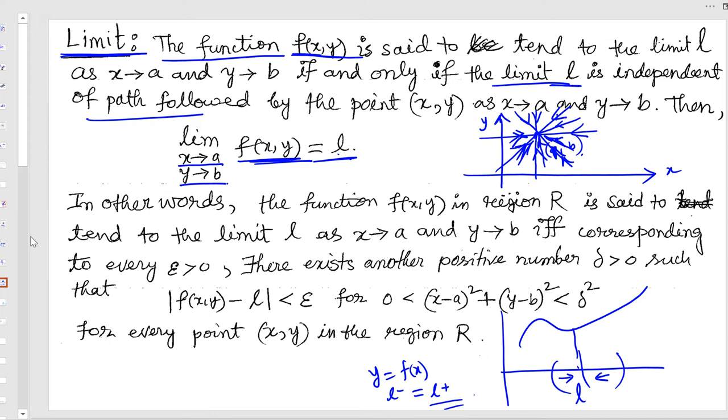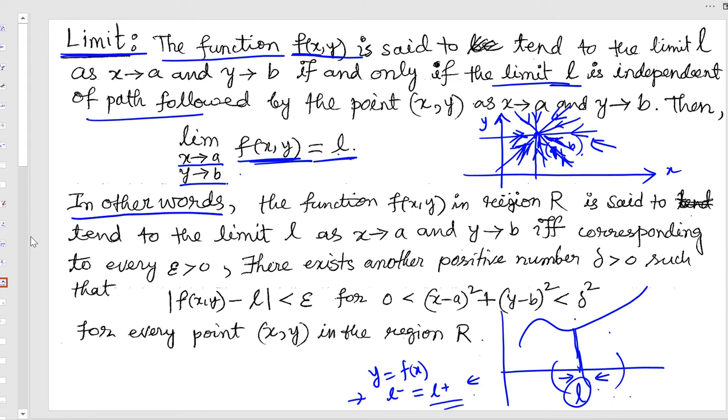In the earlier case, when the left hand side limit and right hand side limit are equal and they exist, then we call that L the limit of the function at that point. But here there is no left hand or right hand. Here there can be many possible ways to go there.